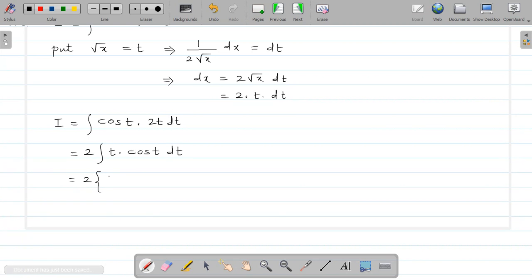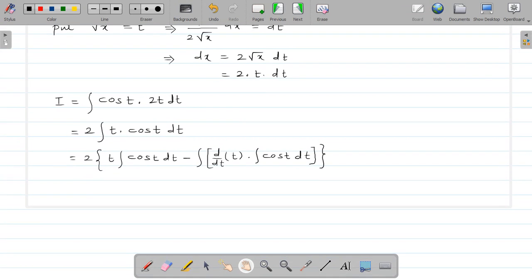So keep t as it is into integration of cos t dt minus integration into bracket derivative of t into integration of cos t dt. So evaluate by using integration by parts like this.